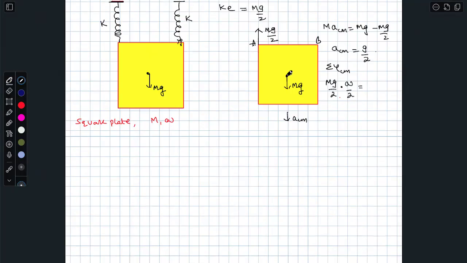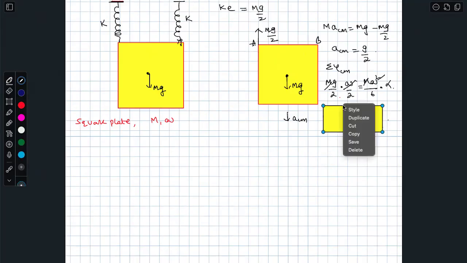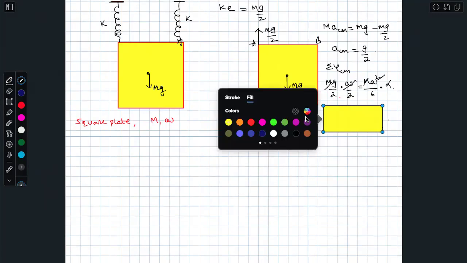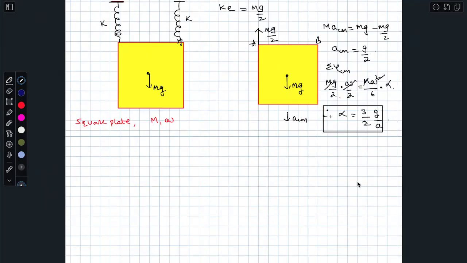What is the moment of inertia of this plate about this point? ma square by something, times alpha. Therefore, alpha is 3 by 2 times g by a. Right. That's all.